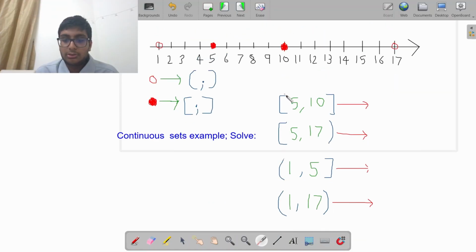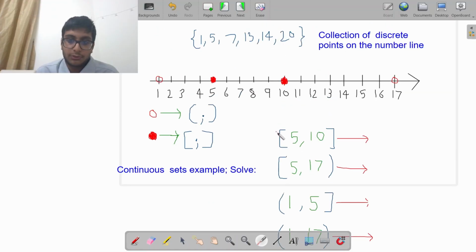I have some examples to show you how they work. But hear me out: a square bracket represents that you're including something. When you use a curved bracket, it means you're not including something. And I will show you what that means exactly.